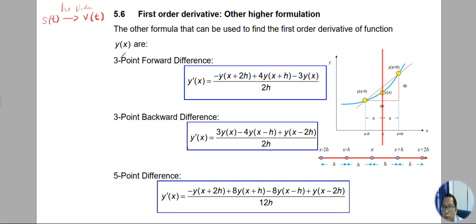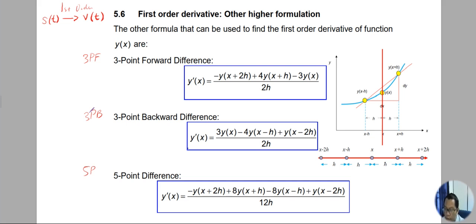So in this first order other higher formulation, it consists of three methods, which are 3-point forward difference or 3PF, and then 3-point backward difference, 3PB, and also 5-point difference.